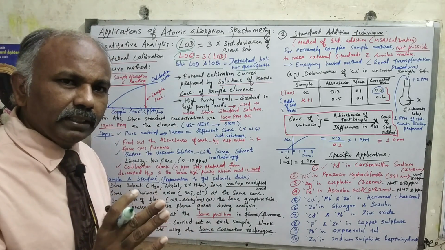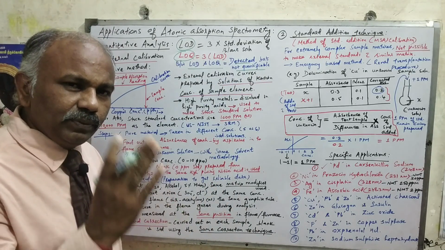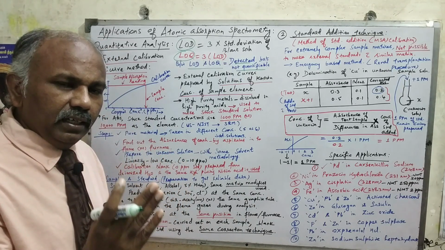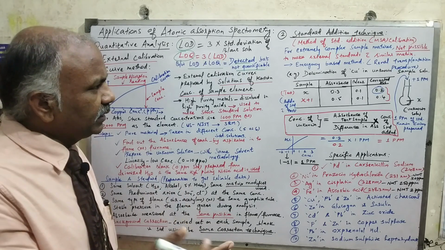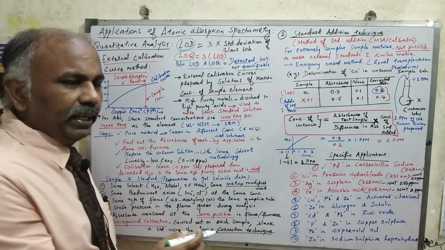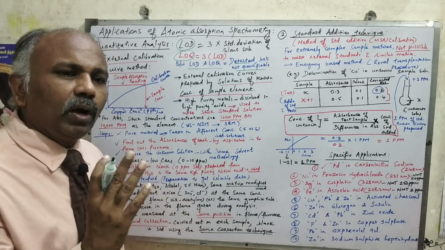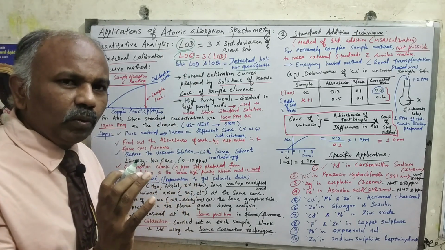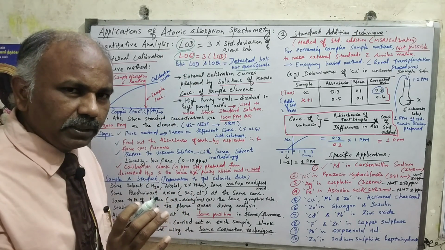So we call that semi-quantitative analysis, which we do in limit tests for different elements like the limit test for arsenic, chloride, and sulfate. They have a range between LOD and LOQ. They can be detected, but they cannot be quantified accurately, right? So these are the general basics of quantitative analysis in atomic absorption spectrometry.